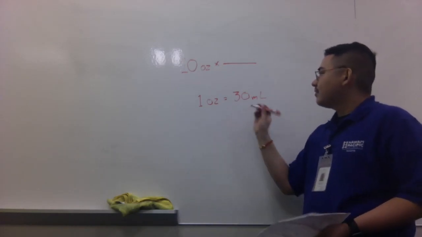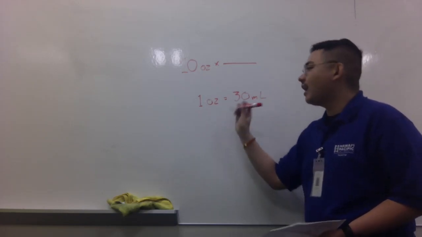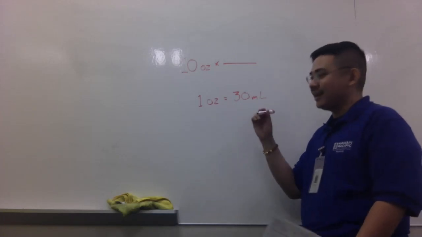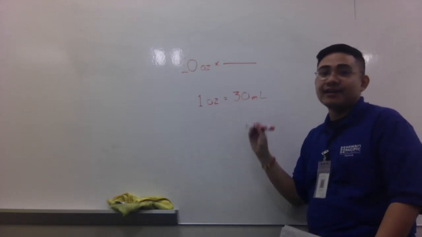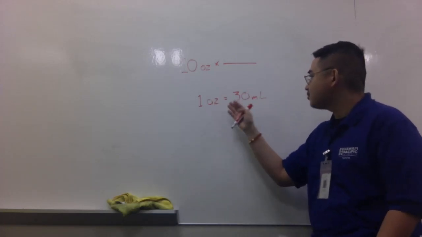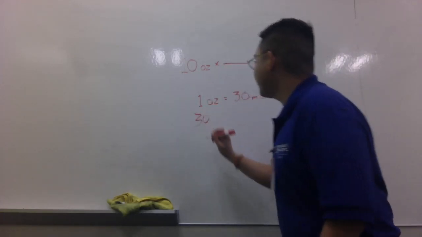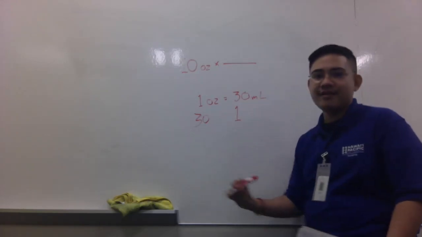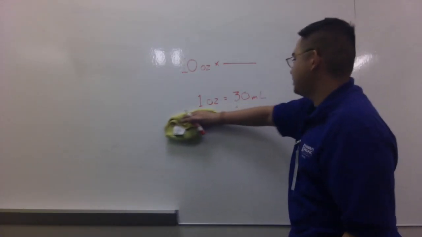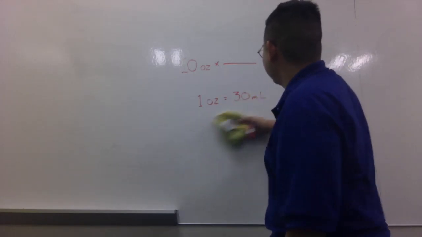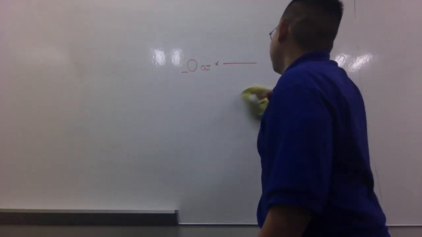So, 1 ounce is 30 ml, not 30 ounces equals 1 ml. To be honest, I have done that before. I tend to switch the 30 over here. I always thought, okay, 30 ounces in 1 ml, only to find out that this is the correct one. So if possible, don't fall into the trap just like what I did.